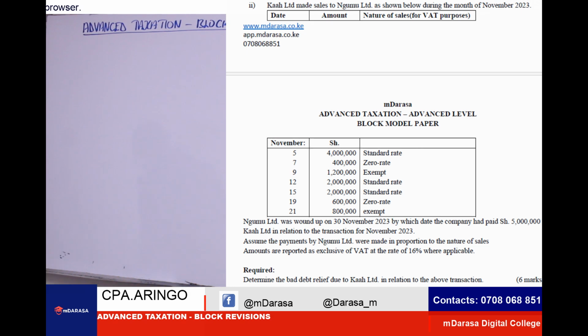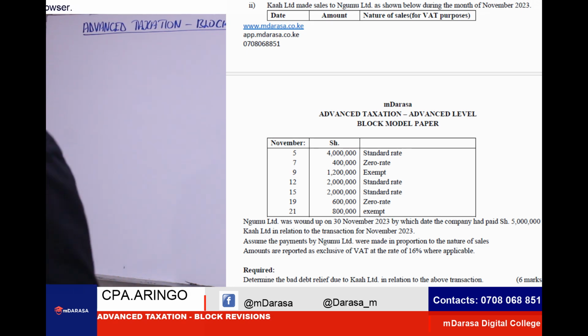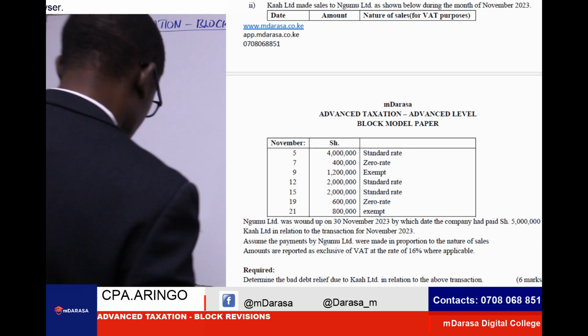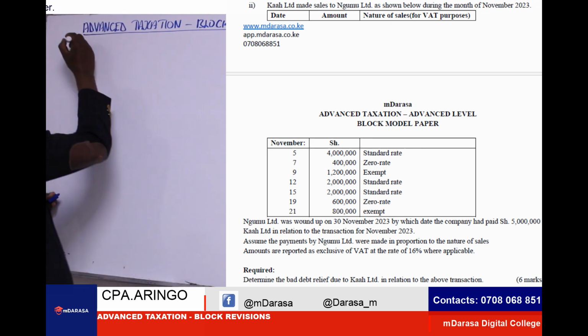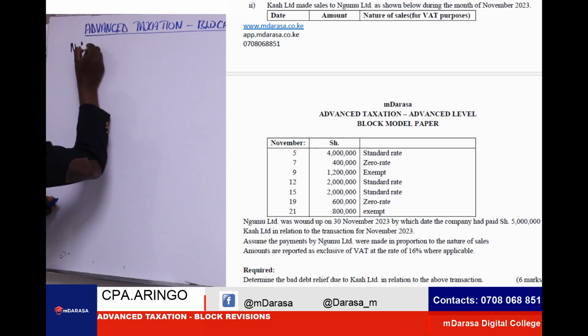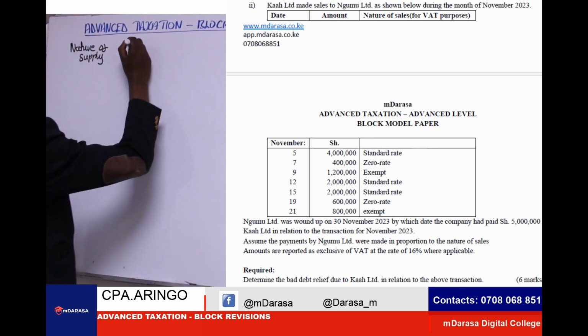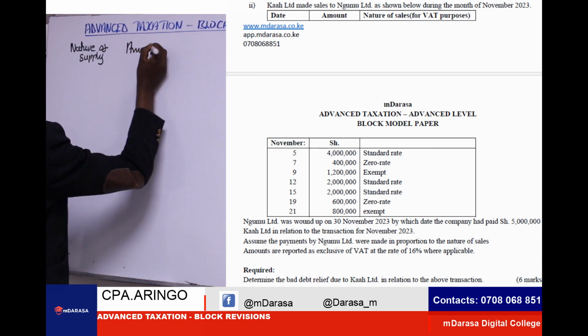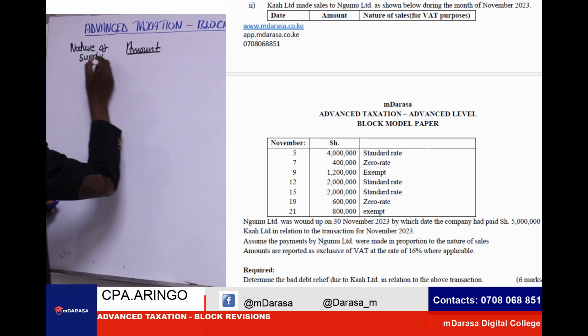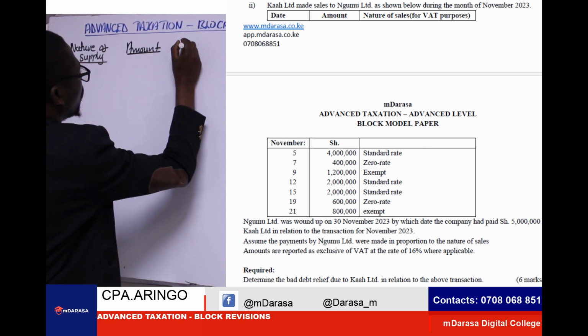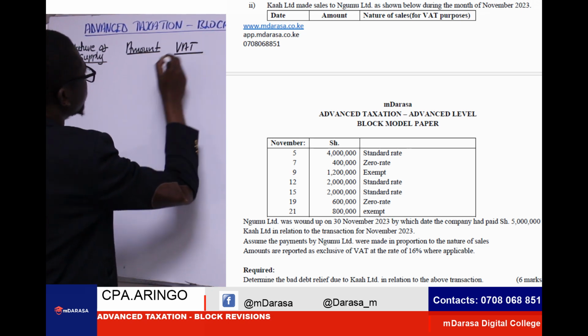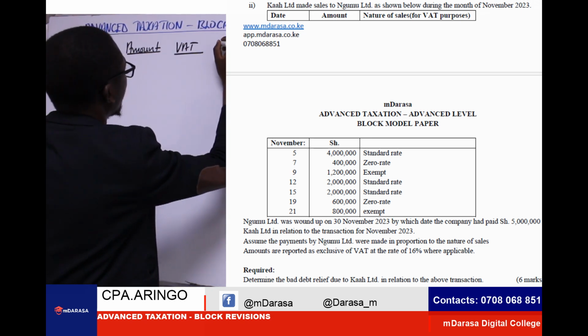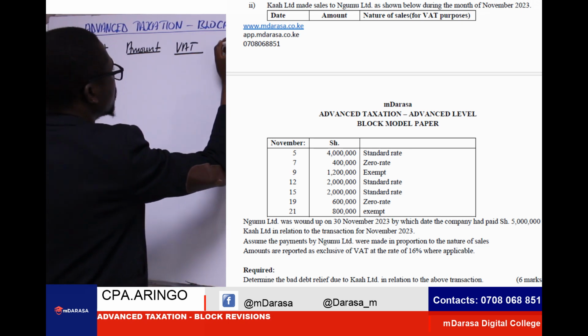So these are what we'll be having: nature of supply, we have our amount, we have to determine our VAT, then we have to determine our amount inclusive of VAT.